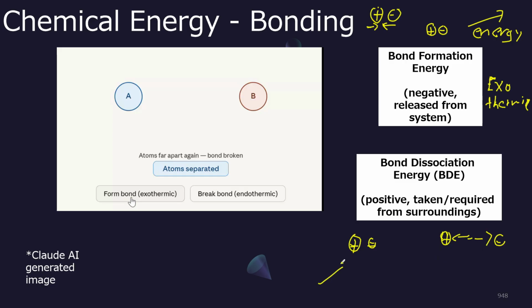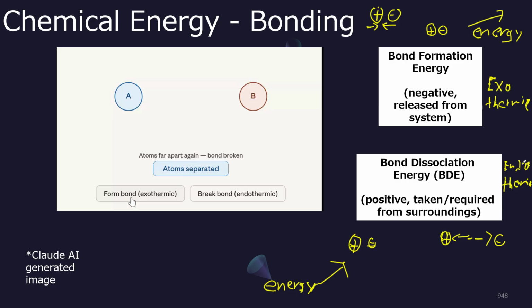And to do that, we need to put energy in from somewhere. Therefore, this bond dissociation, breaking a bond, must be endothermic. Okay, positive amounts, real inputs of energy are required.